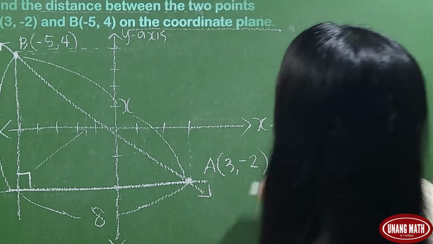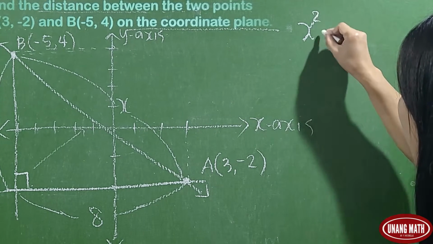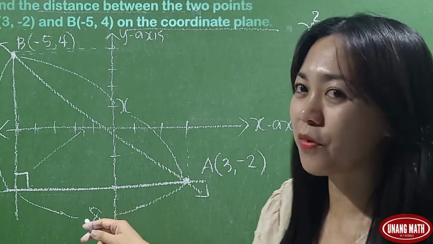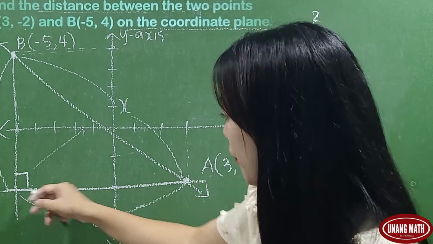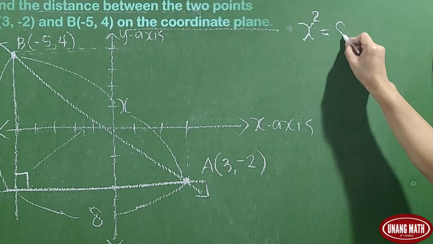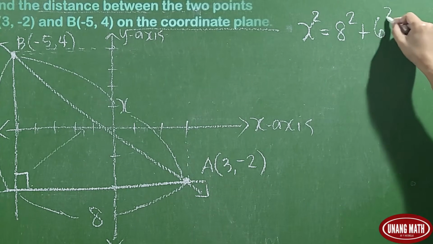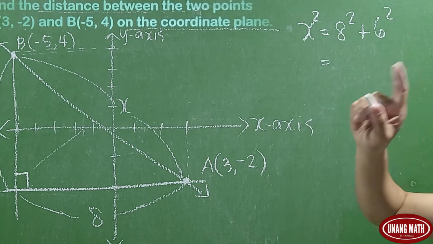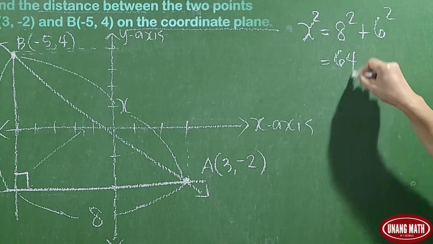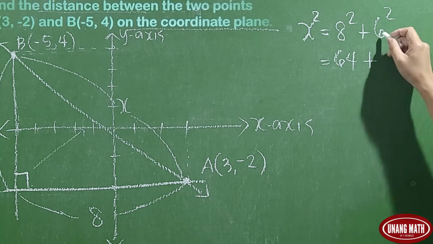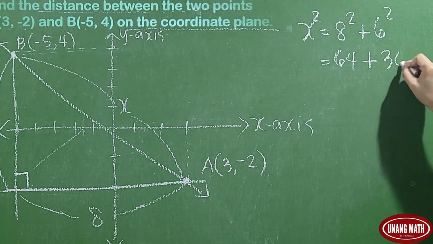So we now have x squared. That would be equal to the sum of the squares of the other two sides. So this is 8 squared plus 6 squared. 8 squared is 8 times 8, so that would be 64. Okay, plus 6 squared is 36.